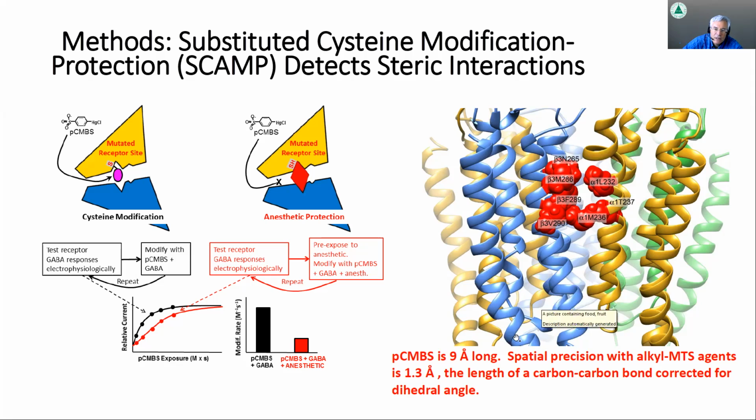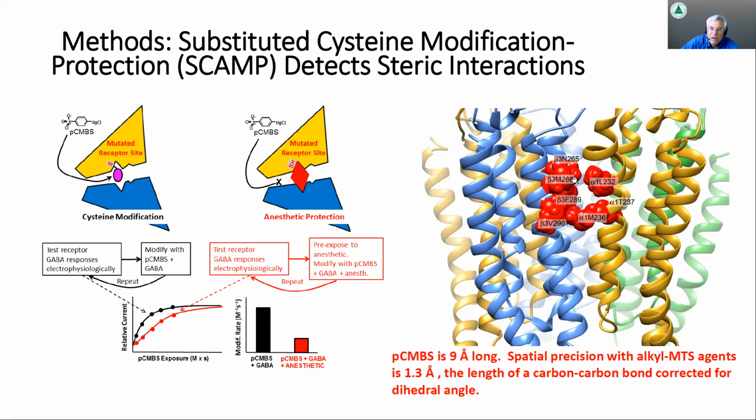But an important consideration here is that PCMBS is 9 angstroms long, which is actually longer than some general anesthetics that we think bind in this region of the GABA-A receptor. So to improve the spatial precision of the technique, we've applied Alkyl-MTS reagents, where adding a single methyl group causes a change in length of about 1.3 angstroms, after correcting for dihedral angle.